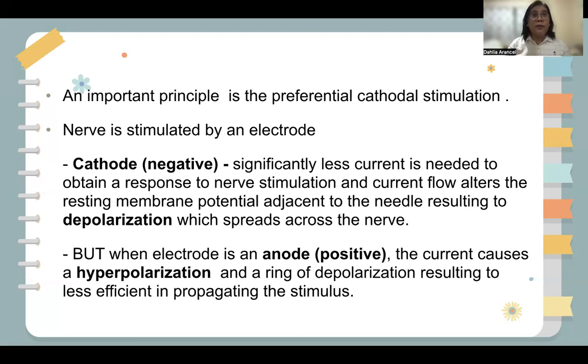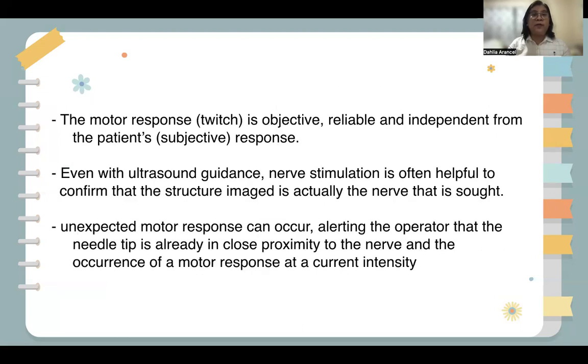But when the electrode is an anode, that is positive, the current causes hyperpolarization and a ring of depolarization, and this will result in less efficient propagation of the stimulus.